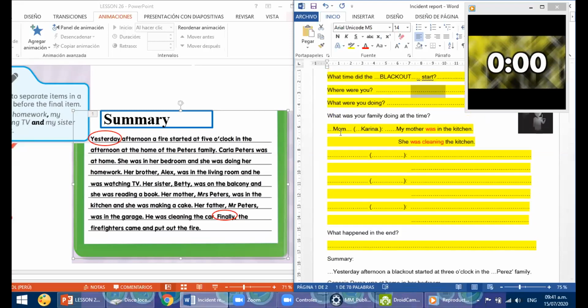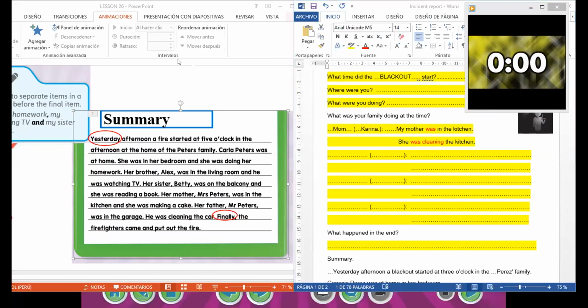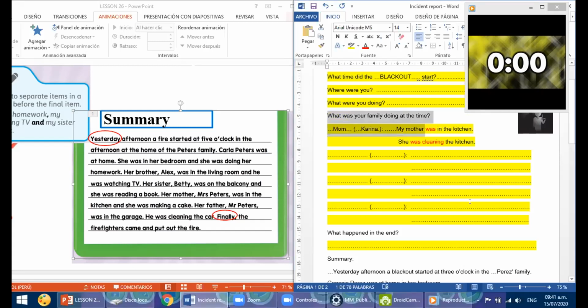Okay, it's the same information. Now let's read this part about your family. What was your family doing? Hermione, please read this part, only this part. What was your family doing at the time? Okay, teacher. Mother, Sandra, she was in the kitchen.